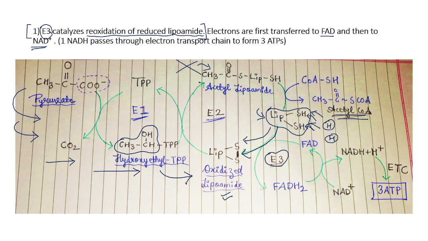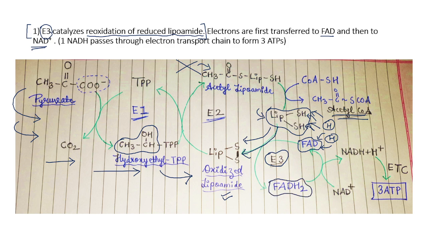So these hydrogen atoms will be accepted by FAD, which is the cofactor of enzyme 3. FAD is in the oxidized state, and when it accepts 2 hydrogen atoms, it will get converted into the reduced state, that is FADH2.